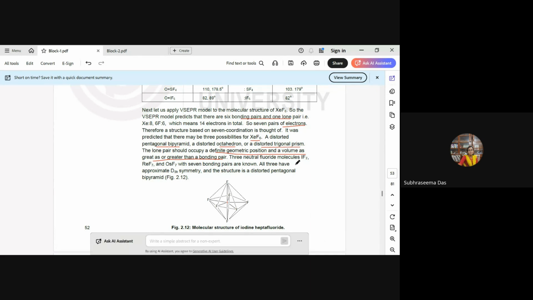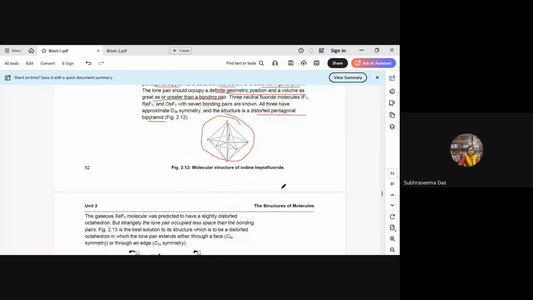All 3 molecules have D5h symmetry, and the structure for iodine heptafluoride is a distorted pentagonal bipyramid. So this is how we will predict the structure of IF7.